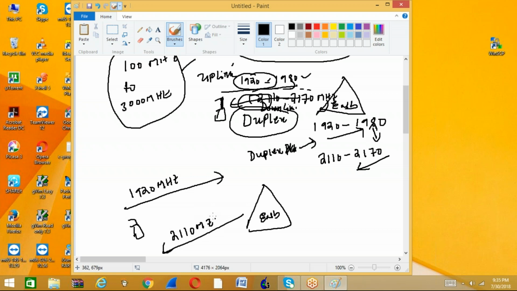If I use 1921 in uplink, I'll use 2111. I have to maintain a gap of 190 megahertz, otherwise there will be interference.